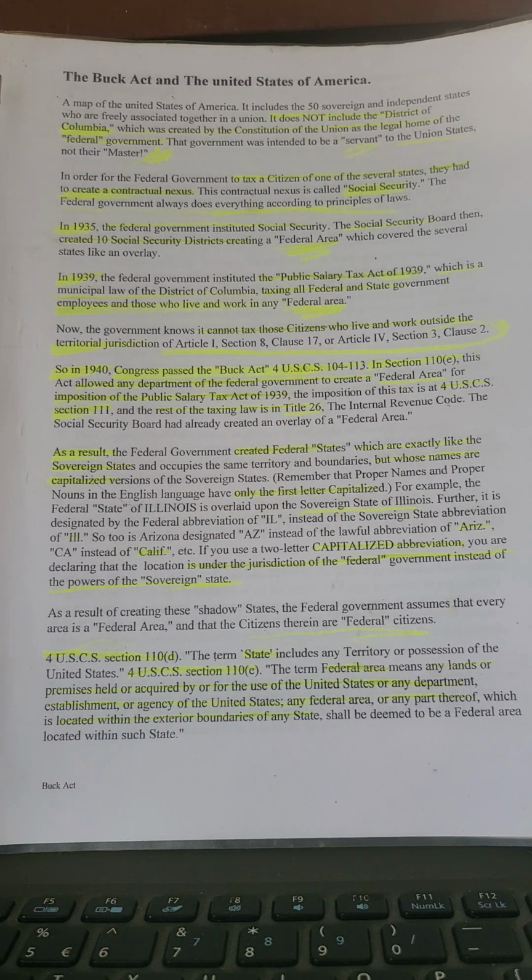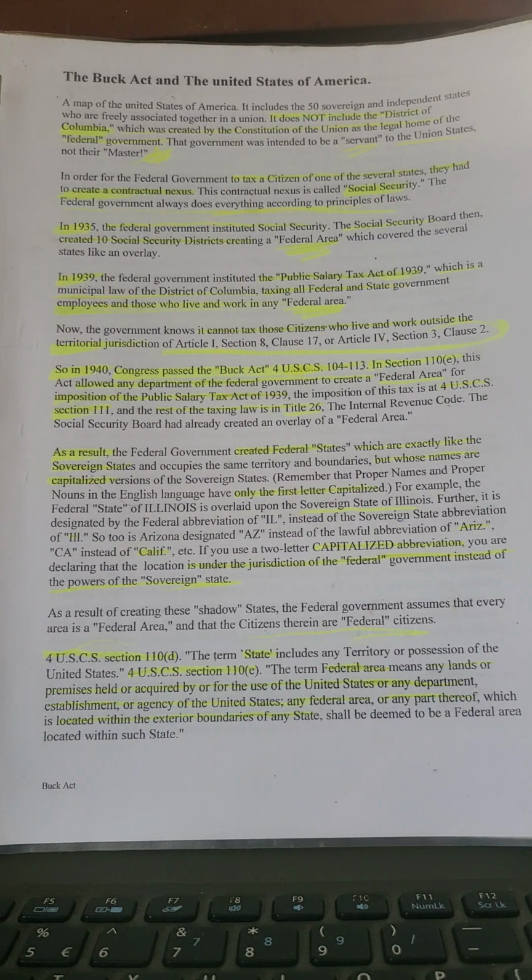In Section 110E, this act allowed any department of the federal government to create a federal area for imposition of the Public Salary Tax Act of 1939. The imposition of this tax is at 4 USCS Section 111. And the rest of the taxing law is in Title 26.